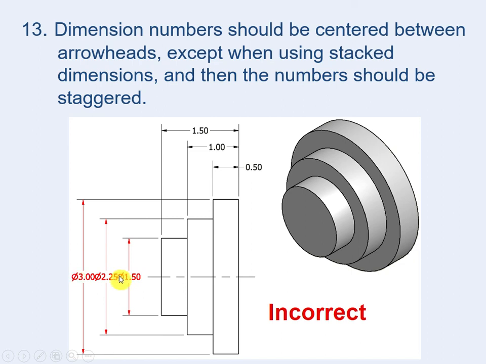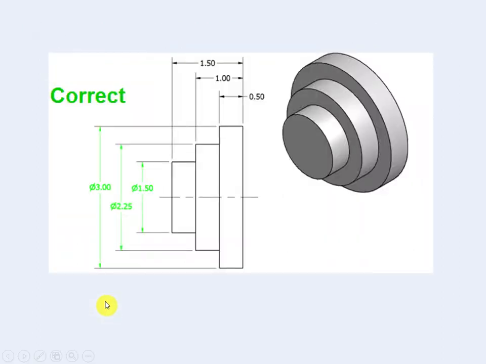In this case, guys, one of them should be shifted up or down to read them clearly, okay? So now we can distinguish that this is the phi 3 diameter of the largest one, this is phi 2.25 diameter of the middle one, and this is phi 1.5 the smallest one.